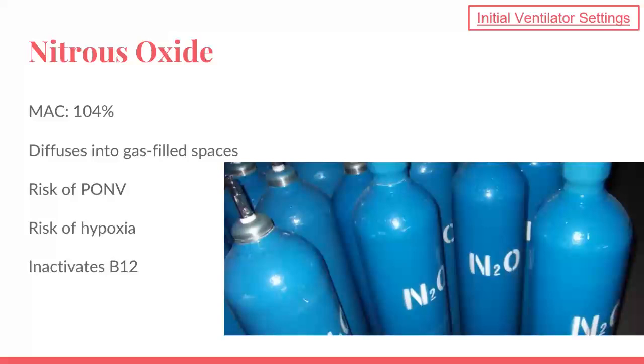But this is not done in practice. Nitrous oxide is always used with other anesthetics for many reasons. One of these properties is analgesic effect. Additionally, its use increases the risk of postoperative nausea and vomiting.